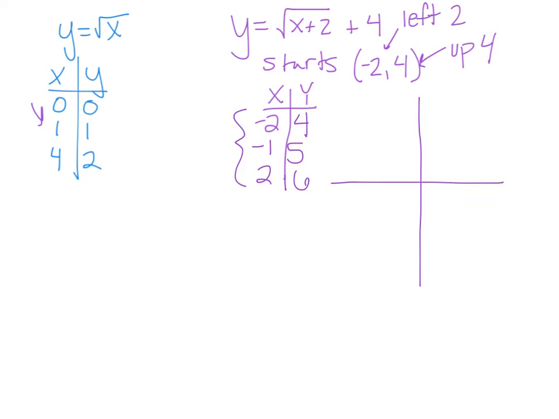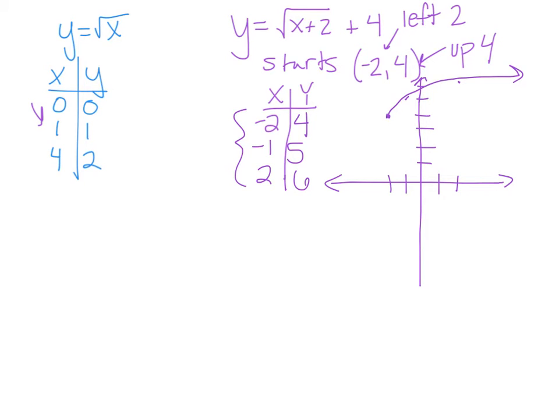So this one starts at negative 2, 4, then 5, and all the way over at 2, we're at 6. It's the same shape, but shifted left 2 and up 4.